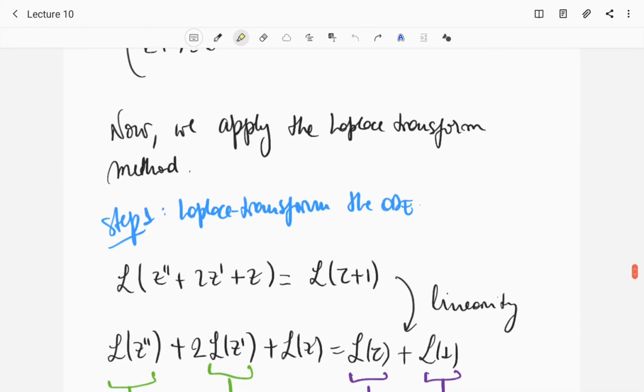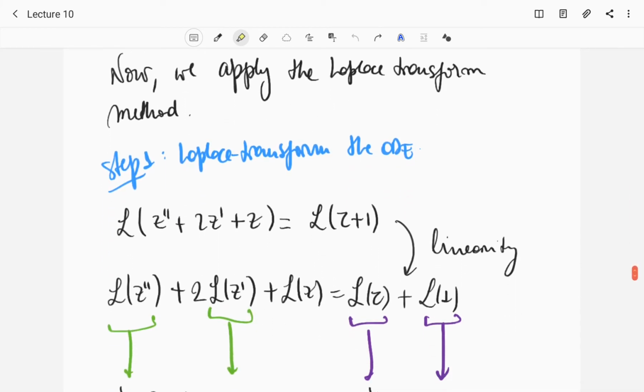So, step 1, Laplace transform the ODE. Again, this is the first step, Laplace transforming both sides of the ODE. Then using linearity, we can split this sum into these two sums, and these two constants can go out, so we have these pieces.